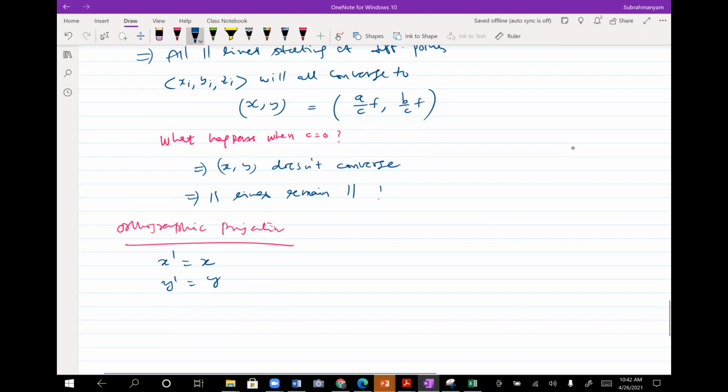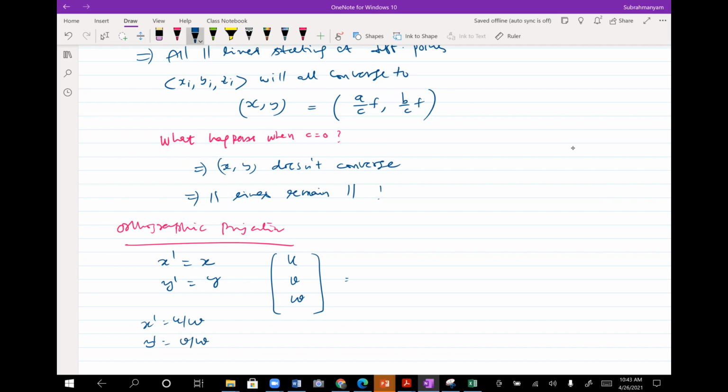So I hope you still remember. If I want to write the expressions, we were writing them as UVW, in the same form as we did last time. How are we doing it? UVW means, do you remember, your X dash will be equal to U by W, Y dash equal to V by W?